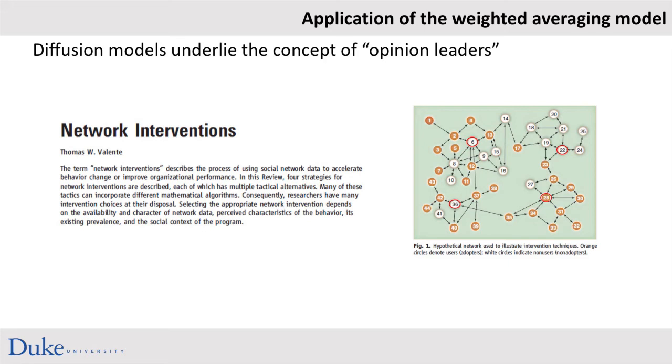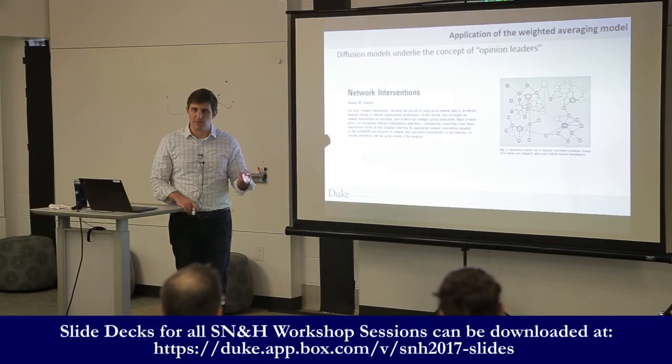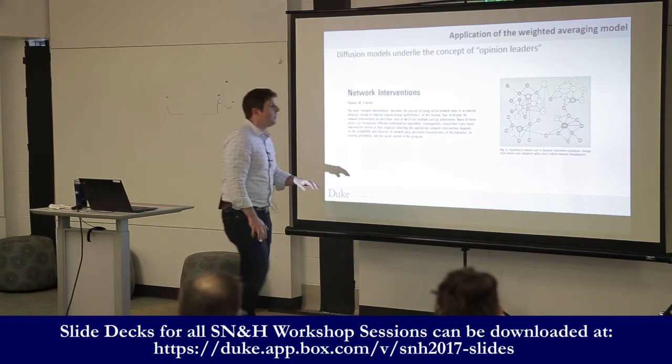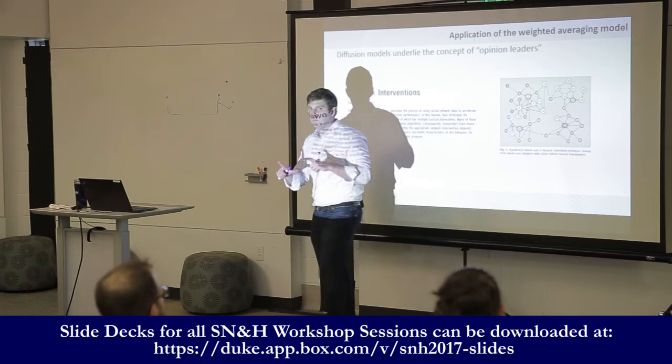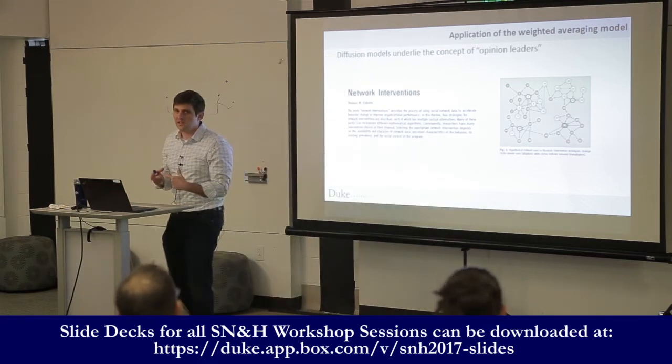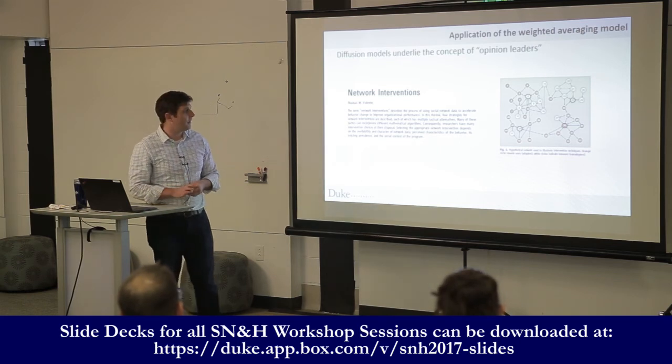You could try and find the most central person, the person people are most likely to listen to, the opinion leader, and get them to change their behavior, hoping they'll spread it to others. You could also cluster the graph and say there's a subset of people at particularly high risk, and intervene among that group.